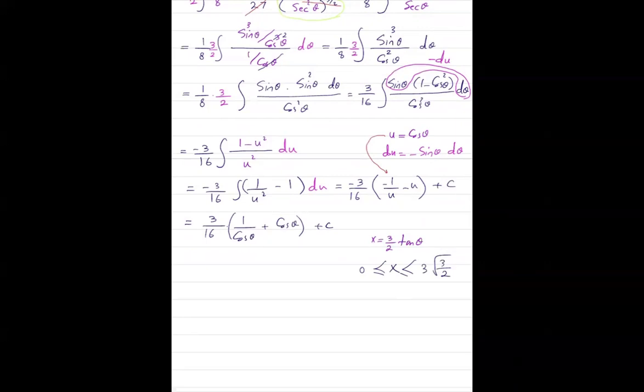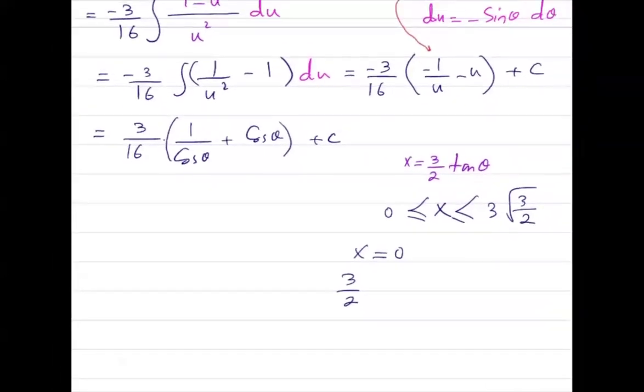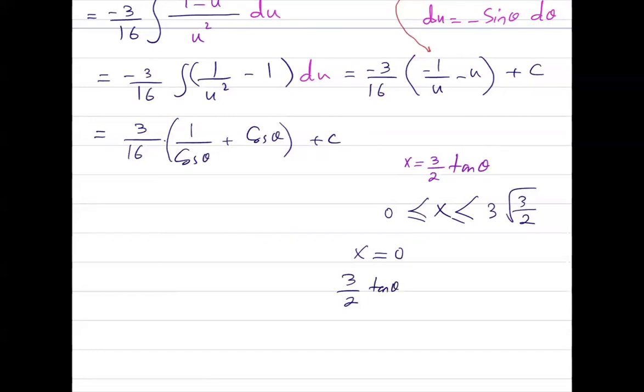So if x is equal to 0, 3/2 tangent theta is equal to 0. So tangent theta is equal to 0. It means that my theta is equal to 0. So I found the lower bound. If I want to keep taking the integral, my lower bound for theta is equal to 0.